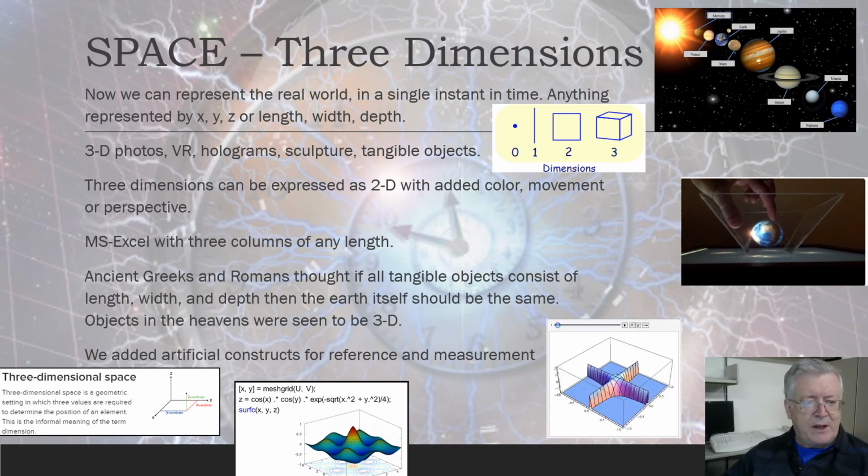You can see the 3 axes all at right angles to each other, and I think that's important for measuring and observing 3 dimensions. In the center here is a 3-dimensional graph of a surface. You see the functions for X, Y, and Z.